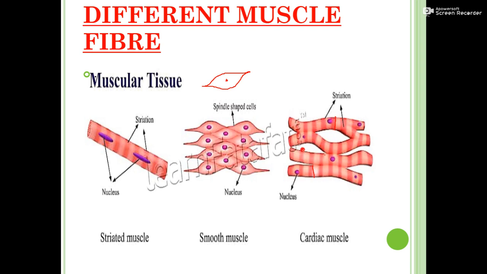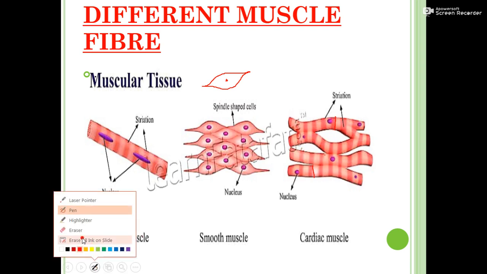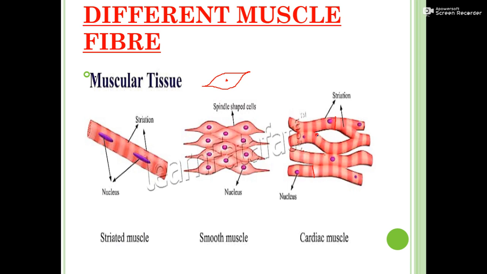Intercalated disc is present in the form of a line. You can see here in the form of a line on the muscle fiber. It is a disc-like structure, and where will it be found only and only? Only and only in cardiac muscles, and you will not find it in any other muscles.